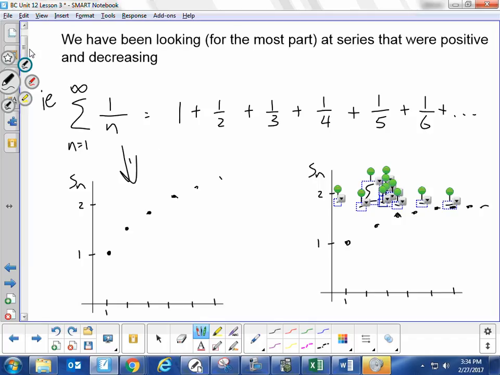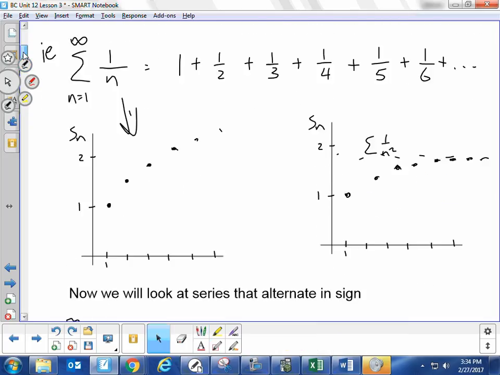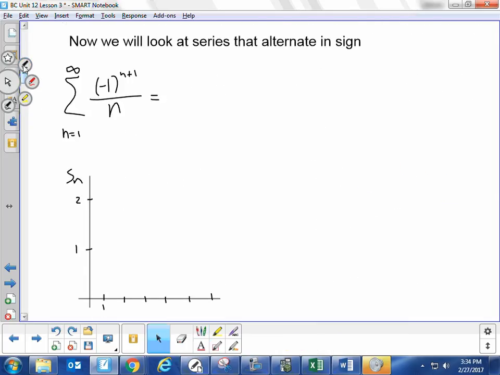All right. Well, let's look at series like this that alternate in sign, (-1)^(n+1) over n. Let's write out some of the terms. If I plug in 1, I have (-1) squared, which is positive, 1 over 1, so that's 1. But if I plug in a value like 2, it becomes (-1) to the 3rd power, which makes this entire thing negative.